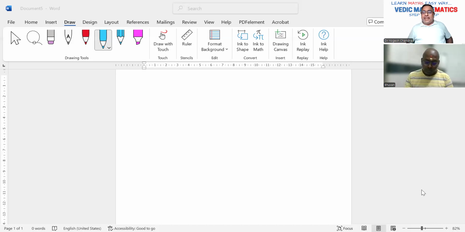Okay, divisibility. When you talk about division, division is Nikhilam, Parvartya, Anurupena, and this particular flag method, five. And that Vestanas or oscillators, that is divisibility. So we'll be doing divisibility in step 6. That time we'll be using that for oscillators.